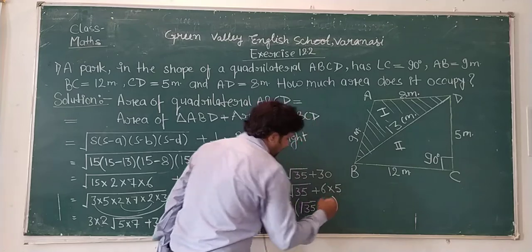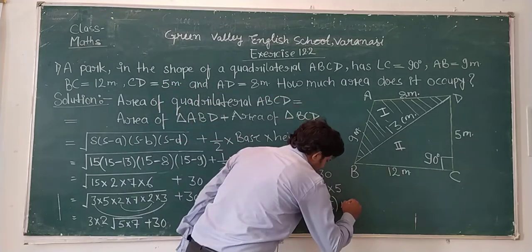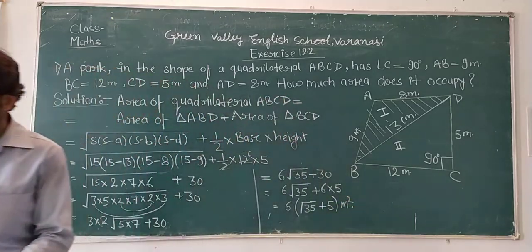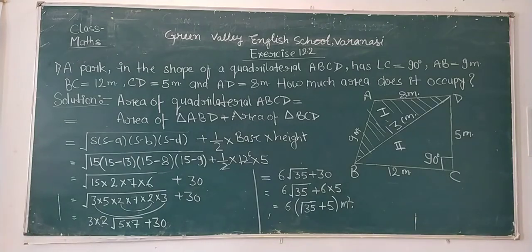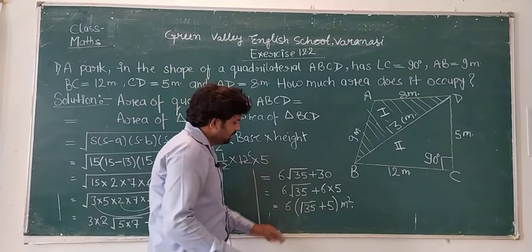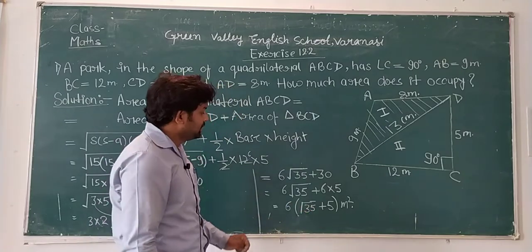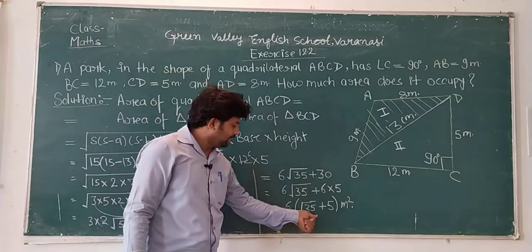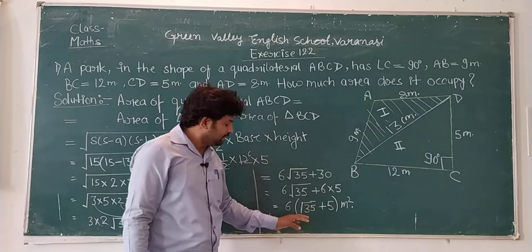This is the area in centimeter square. It means the area of quadrilateral ABCD is 6 times root 35 plus 5.